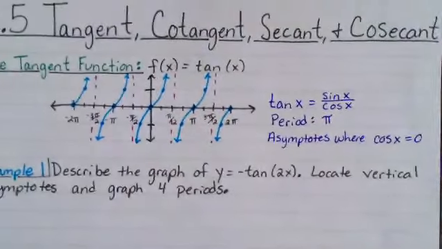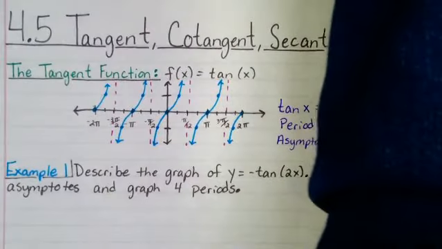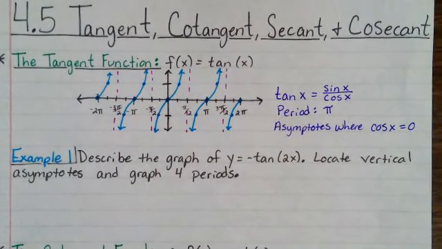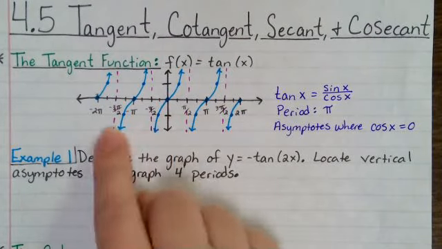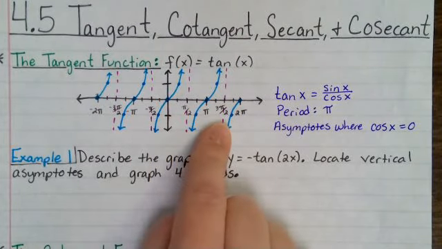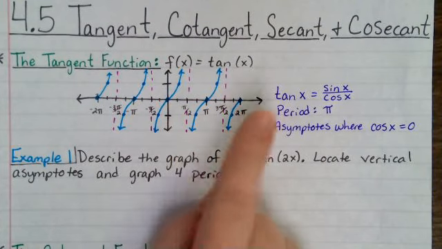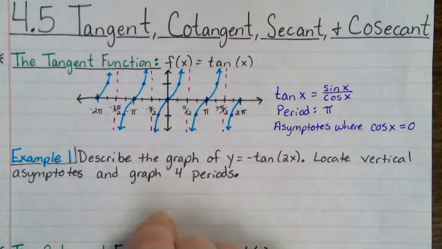Okay, so in our handwritten notes for this section, we're going to start off with tangent and get a little bit more example type thing with it. So this is section 4.5, tangent, cotangent, secant, cosecant. And you're going to see I've got this little tangent graph. It's not as detailed as the one that we just did, but I do want you guys to pause the video and get this copied down and then come back when you're ready to go through example 1 with me, okay?